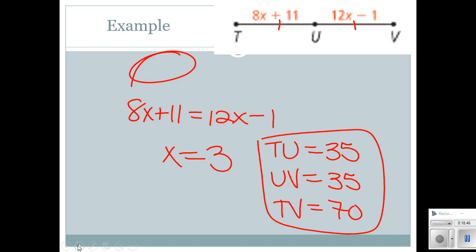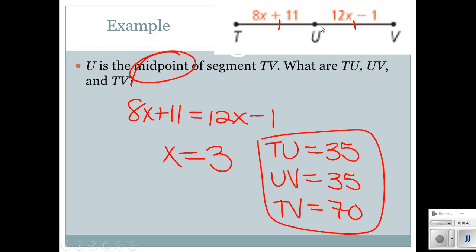So let's look at some examples. U is the midpoint of segment TV. What are TU, UV, and TV? If you're just seeing the letters, they're asking you to write the numbers, the lengths. So we're going to write 8x plus 11 equals 12x minus 1, because U is a midpoint and it cuts this segment into congruent segments.